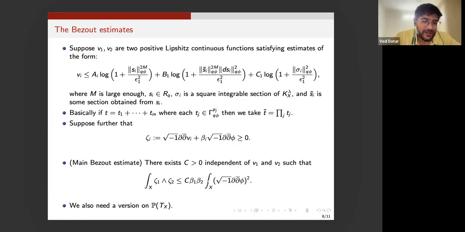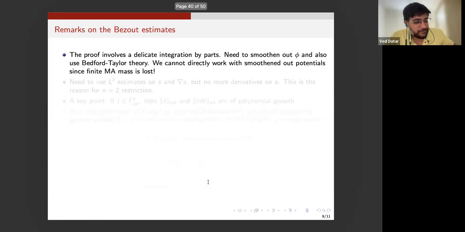Mach had a very clever idea of proving some Bezout estimates on the projectivized tangent bundle, and those can be used to control Gauss-Bonnet integrals on curves that are given by vanishing of sections in R cube. So we also need a version of our Bezout estimates on the projectivized tangent bundle.